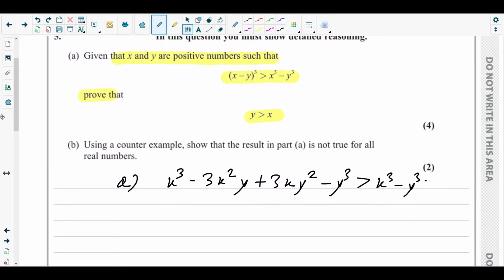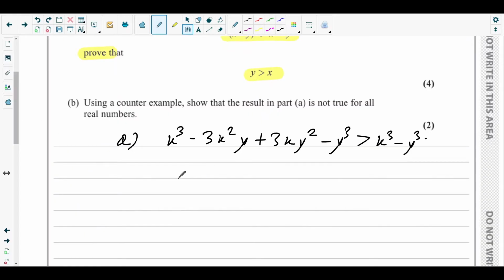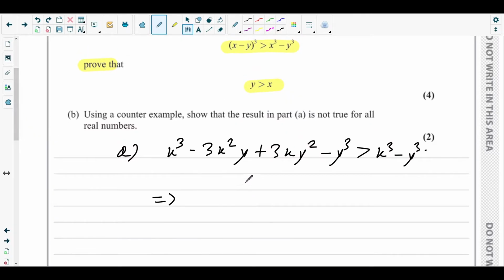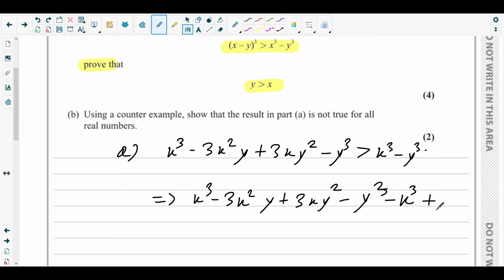Fine. Now we can take the terms x cube minus y cube to the left. If you do so, you will get x cube minus 3x squared y plus 3xy squared minus y cube minus x cube plus y cube greater than 0.